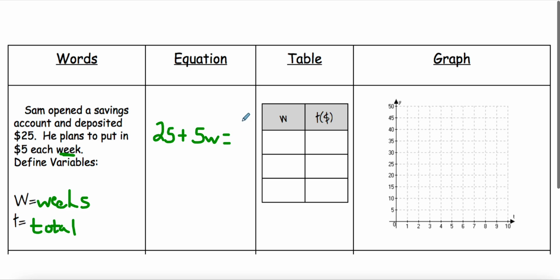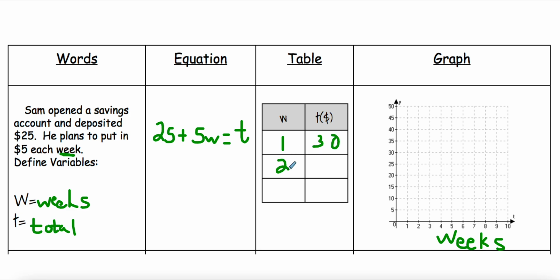All right, so then you would fill it in and graph it. So we'd have 1 week. I like to keep my numbers small. Plus, I want to look down here on what I have in my X value. Again, remember, this is weeks. We need to label that. So I want to keep it within those. So if I put in 1, 5 times 1 is 5, because we have to do that first in order of operations, plus 25 is 30.